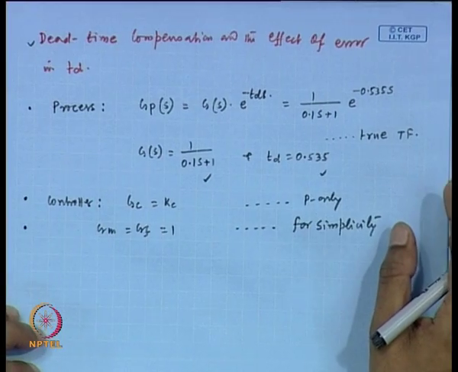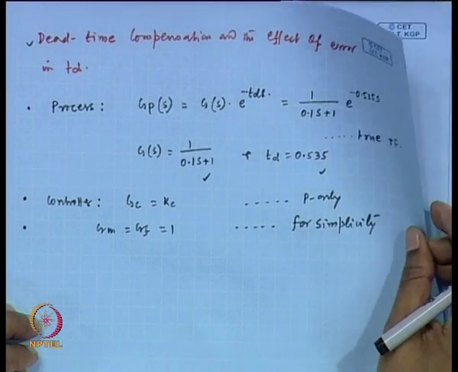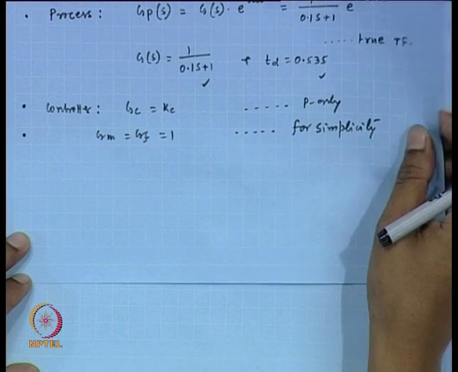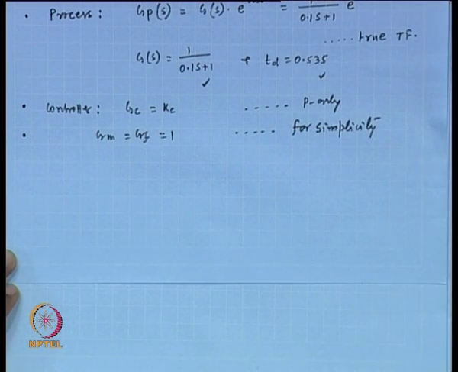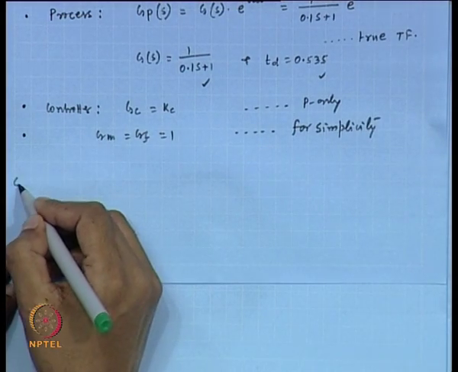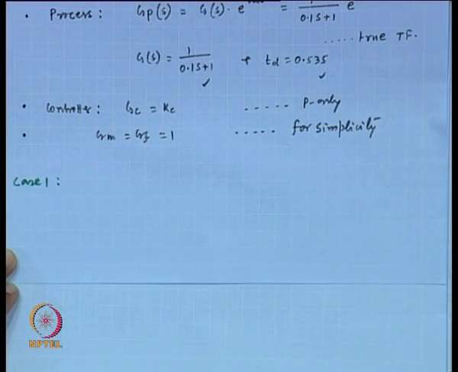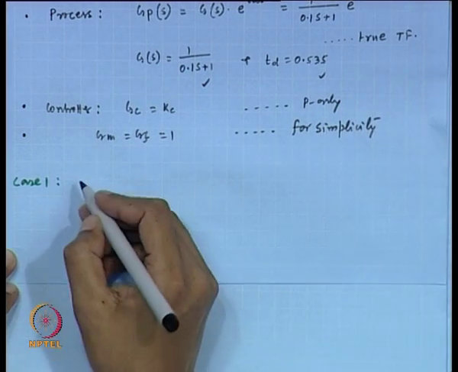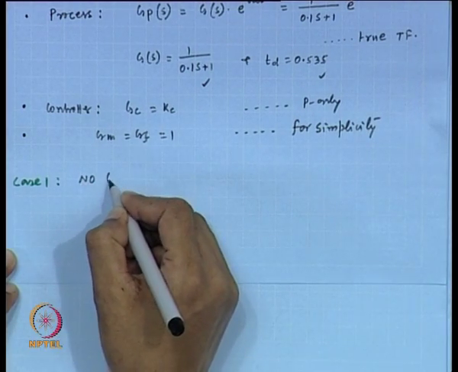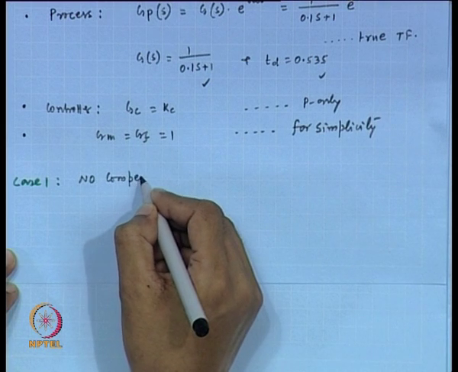Now, we will consider 3 different cases. In the first case, we will consider there is no compensator. Case 1. In case 1, we consider no compensator.